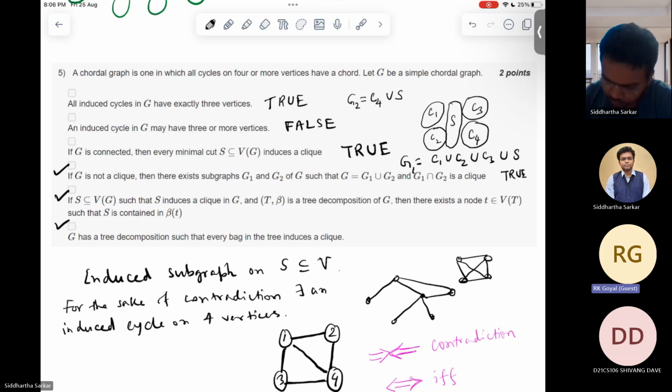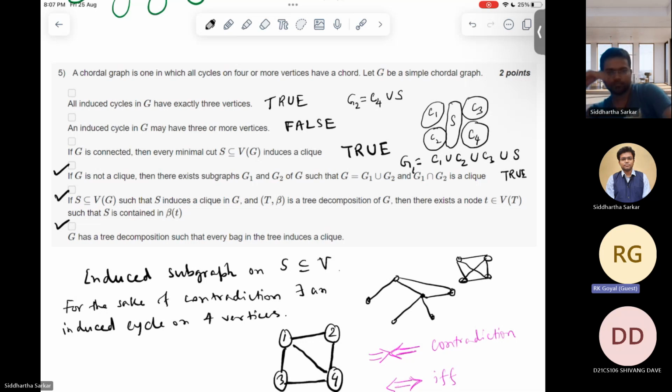If S induces a clique in G, every vertex is connected to every other vertex, so this should be true.